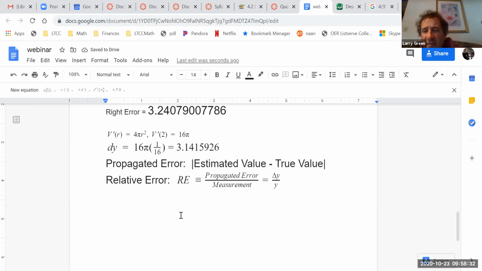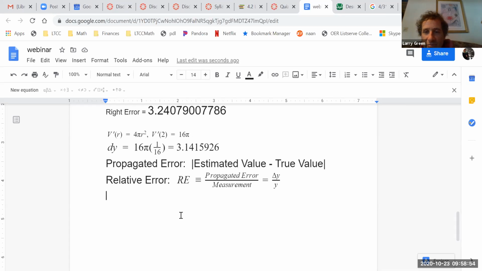And for most purposes, that's a lot more important. If you're in chemistry and you're measuring, if I said I was off by 1/100th of a centimeter, that sounds great, doesn't it? If my error was only 1/100th of a centimeter, that sounds really good.